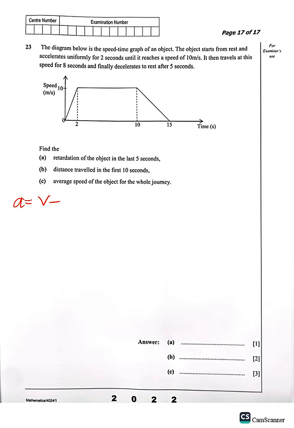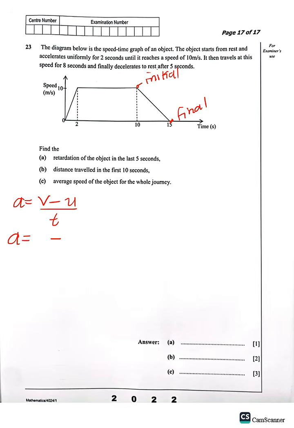So we are finding the acceleration in the last 5 seconds. So acceleration is equal to final minus initial over t. So this point is our initial because it's where the line starts to decelerate. So this is our final. The final isn't 10.